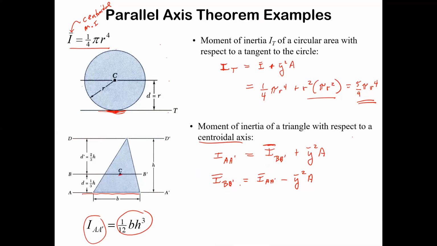So what that says is, we know that I_B' we're given is 1/12 bh cubed. And for y squared A, the distance between the base of the triangle and the centroid is 1/3 of the height, right? So we have to subtract that. That's the distance to the centroid, that's our y bar. So we subtract out (1/3 h) squared times the area, which is 1/2 times the base times the height.